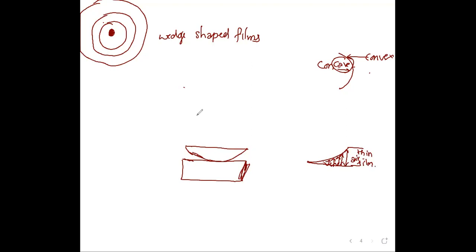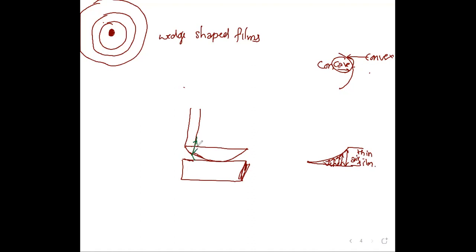When parallel rays of light fall on this surface, at this edge, they undergo some sort of refraction, and along with refraction they undergo reflection also.